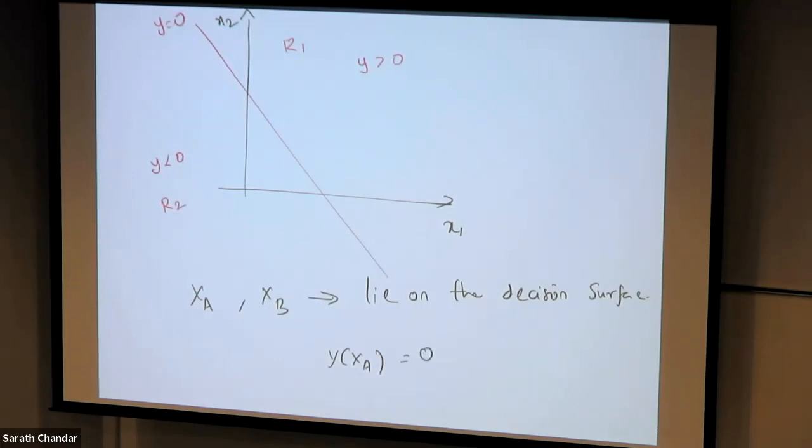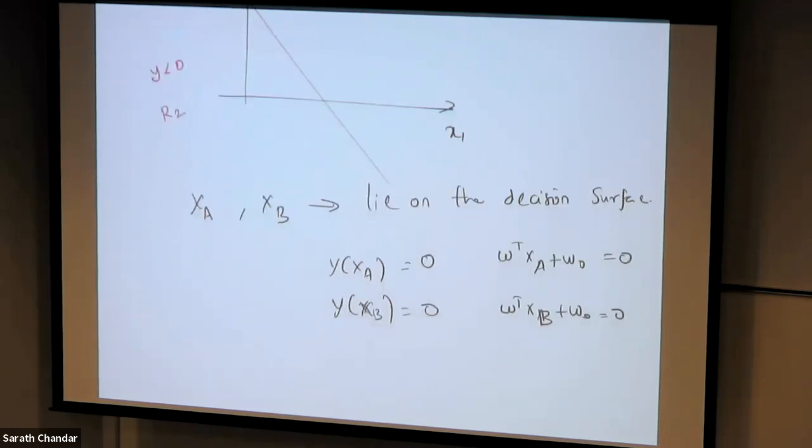Similarly, y of xb is also 0. In other words, W transpose XA plus W0 is 0, and W transpose XB plus W0 is also 0. Now I can combine these two things.